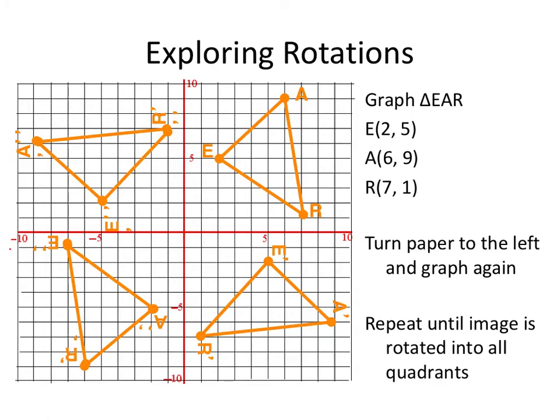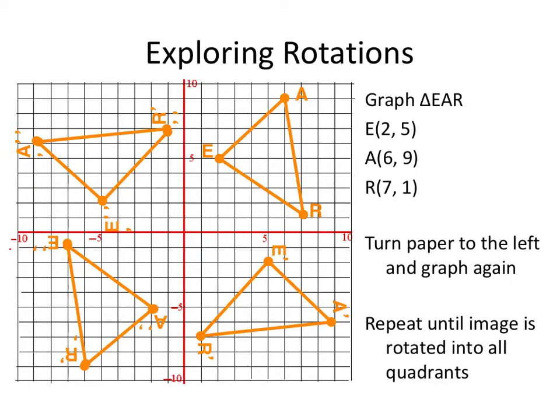Okay, so as we explore rotations, I really want to take a look at this graph of this triangle EAR. If you were to graph these points on a piece of paper, they're in the first quadrant.